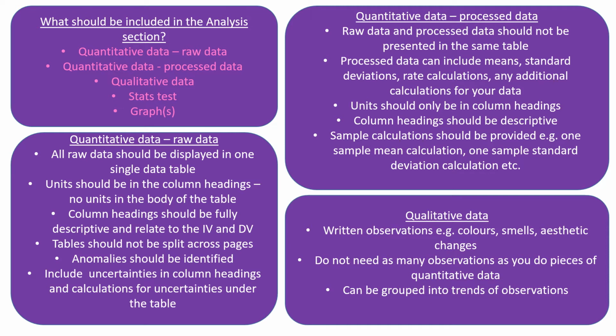So if you want to, you can group your observations into trends, or if you want, you can have a little observation for every single quantitative piece of data that you take, but be aware that you don't want the qualitative data to be taking up pages and pages and pages. So just be careful with the qualitative data that you provide.